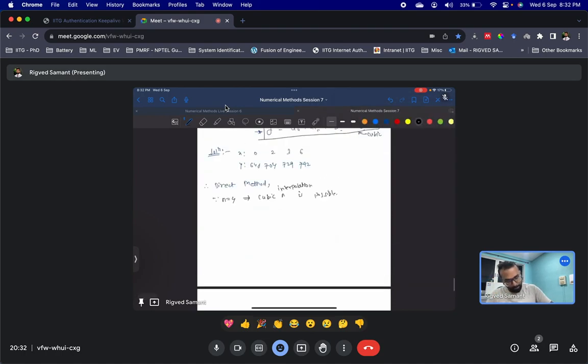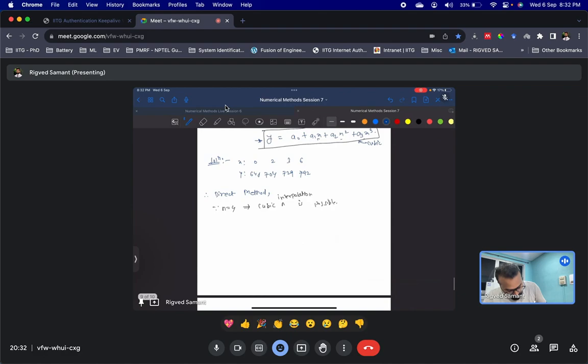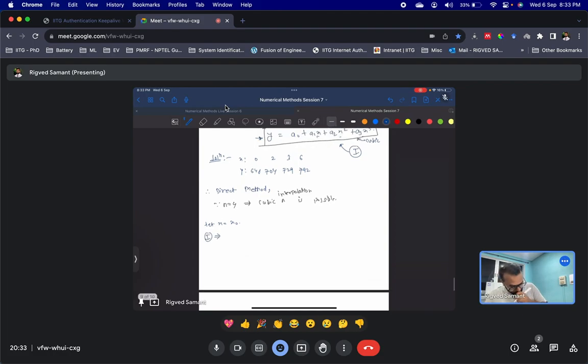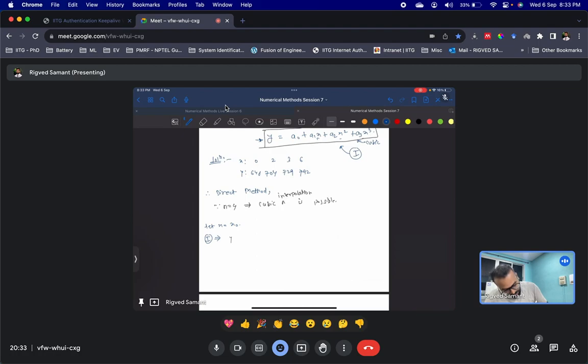So what we will do is, first let x is equal to x naught. Then what will this equation fetch me? y naught is equal to a naught plus a1 x naught plus a2 x naught square plus a3 x naught cube.